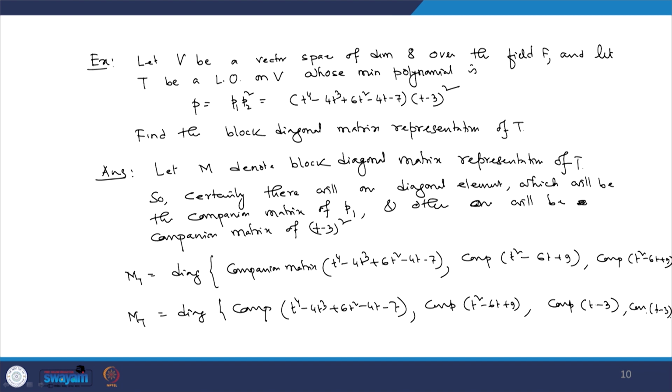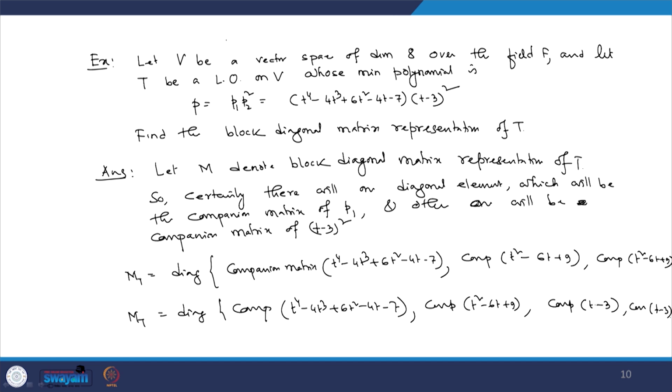So, 1 plus 1 is 2, plus 2 is 4, plus 4 equal to 8. So, we see there are two possible forms of the block diagonal matrix representation of the operator T here. So, we know how to calculate the companion matrices of these.